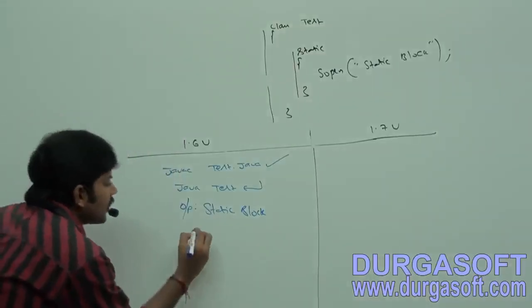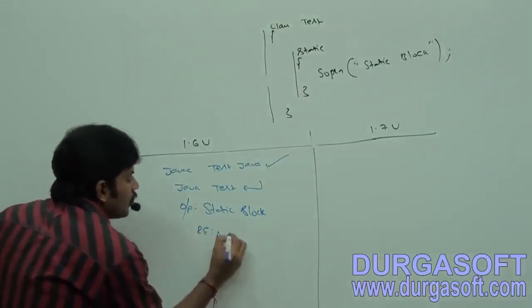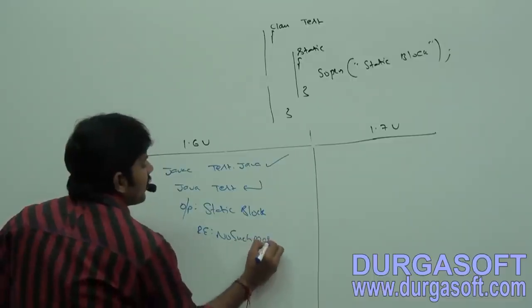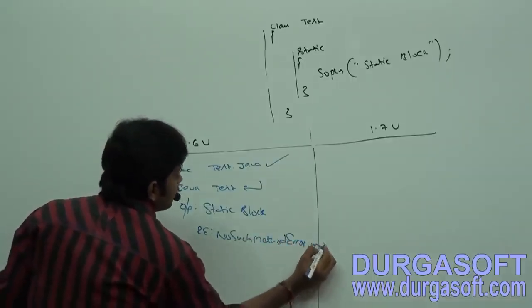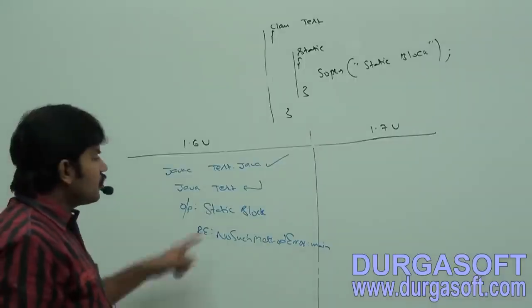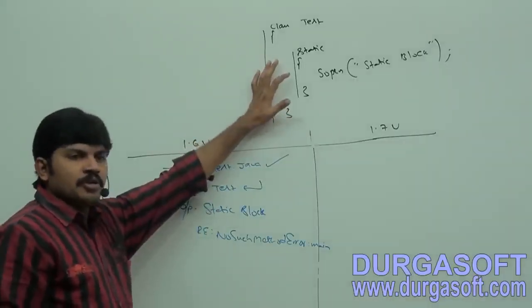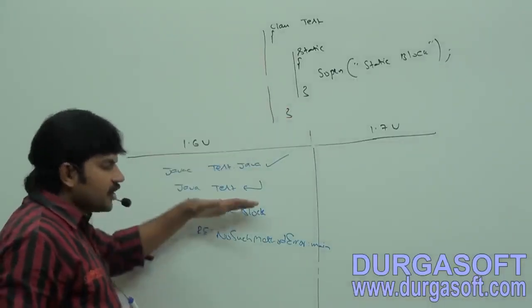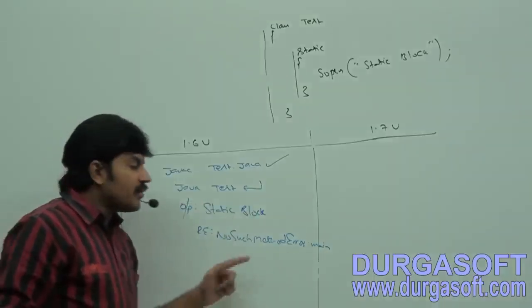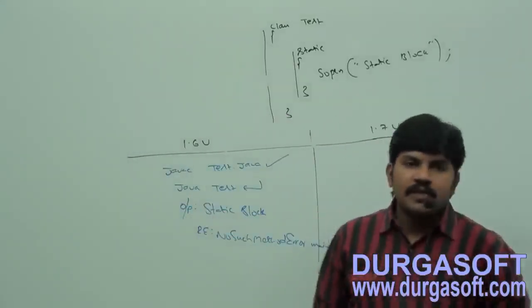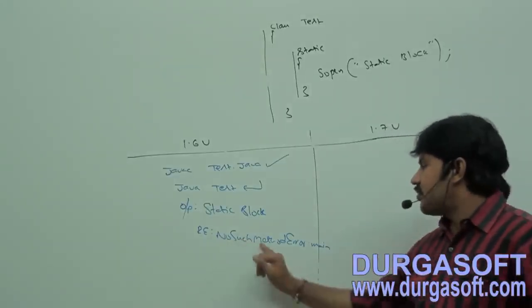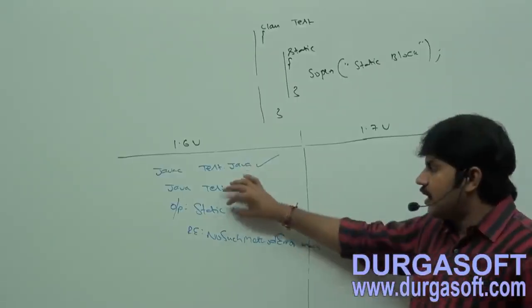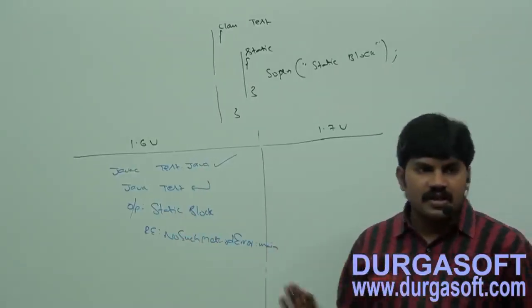That's why we immediately get a runtime exception, NoSuchMethodError: main. So if a static block is there, first the static block will be executed and then the JVM searches for the main method. Not there, that's why NoSuchMethodError: main. First the static block, followed by NoSuchMethodError, right?